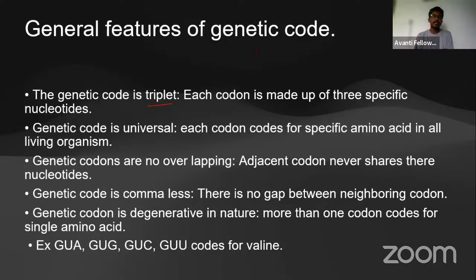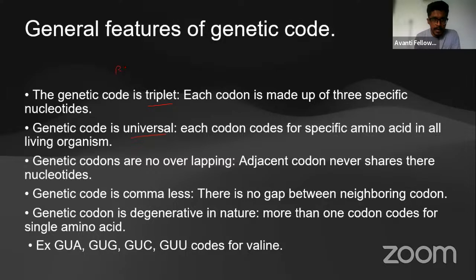So genetic code is universal. This is a very important concept. Genetic code is universal in the sense that from bacteria all the way to complex organisms, you take any organism, if they have genetic material and RNA.